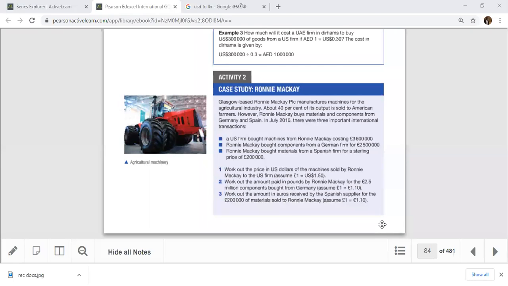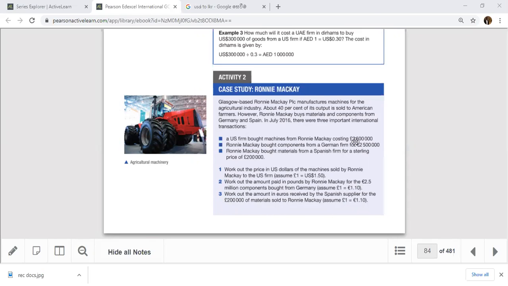So they're asking different questions. Work out the price in US dollars of the machine sold by Ronnie Mackay to the US firm, assuming the rate is £1 equals US $1.50. The value is 3.6 million pounds, and in terms of US dollars the exchange rate is 1.5.